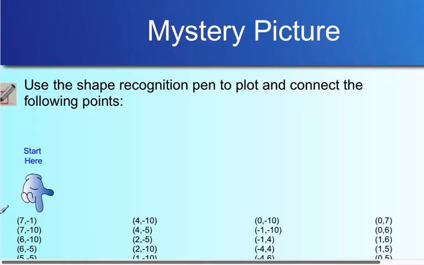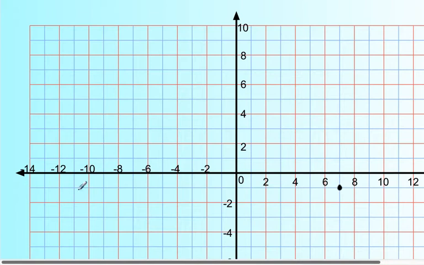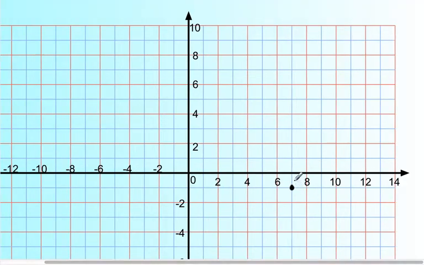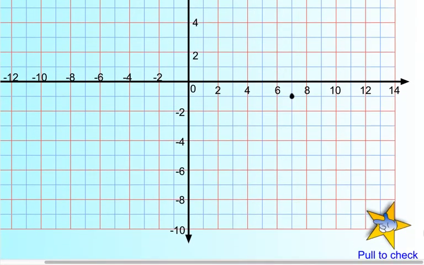The next one is 7, -10. So I'm going to go back here, and I'm going to go to 7, -10. So here's 7, and I'm going to go all the way down to -10. And then I'm going to draw a line.